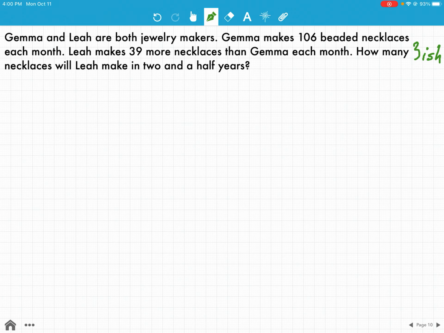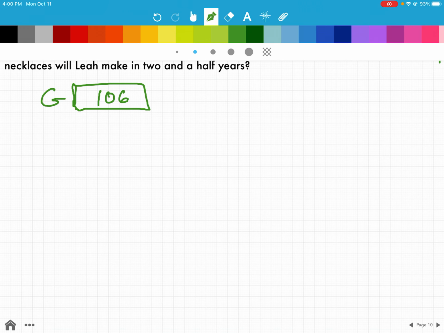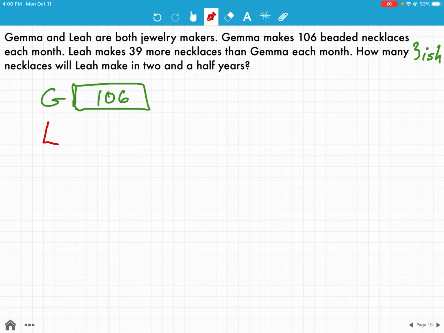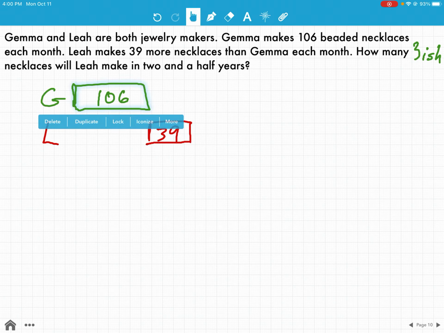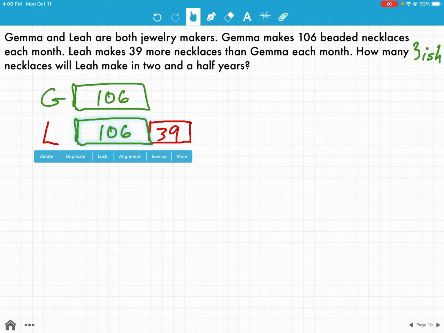So it's telling you that Gemma makes 106 necklaces a month. And then it says Leah makes 39 more. So we're going to copy this and add 39 more, and that's going to be how many Leah makes in a month.